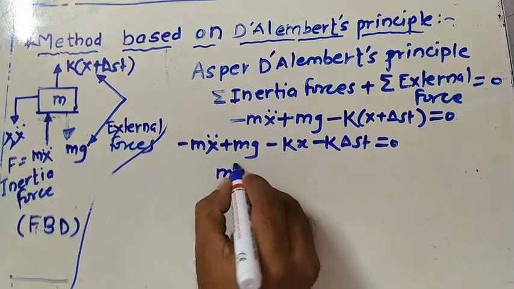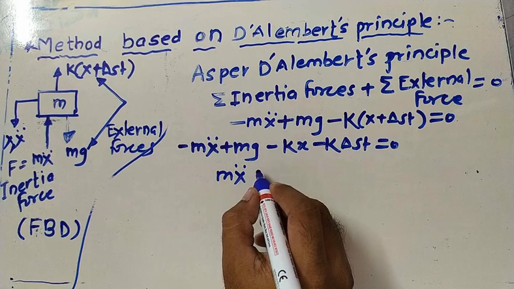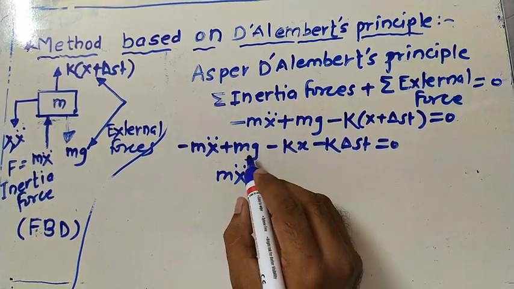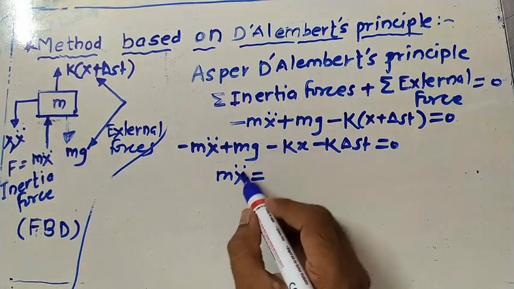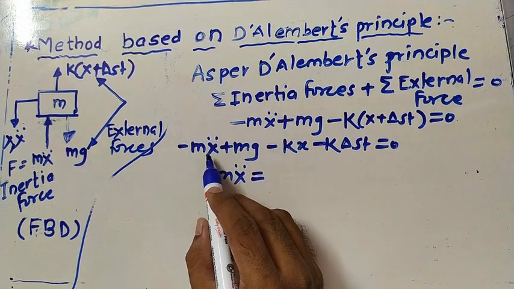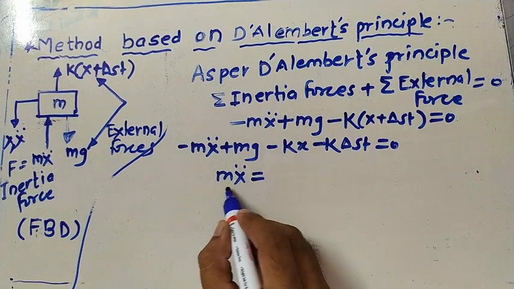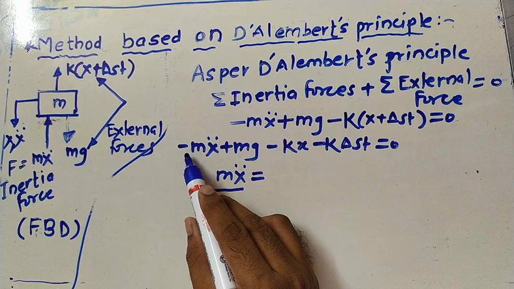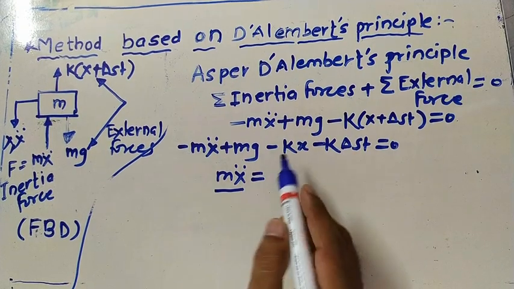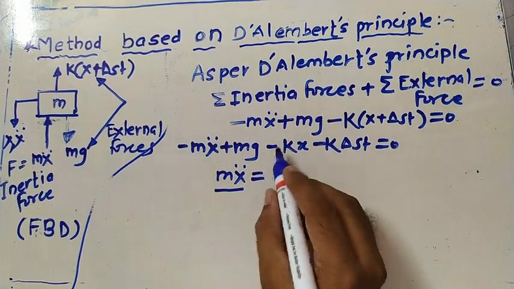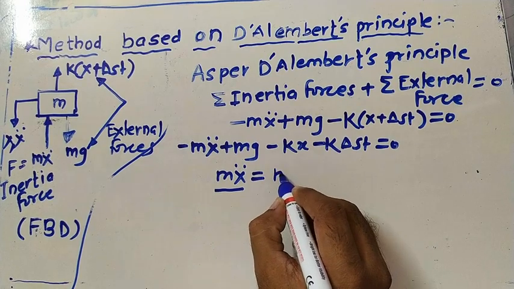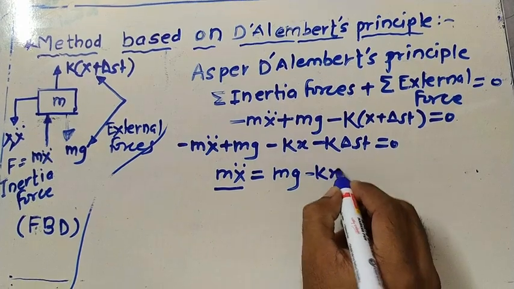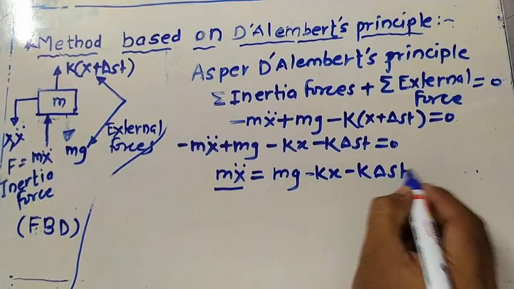Here m x double dot equals, taking some of the terms to the other side, I'll keep the accelerating term or inertia force term on the left side. The signs of the other forces, if I take them to the other side, remain as they are.